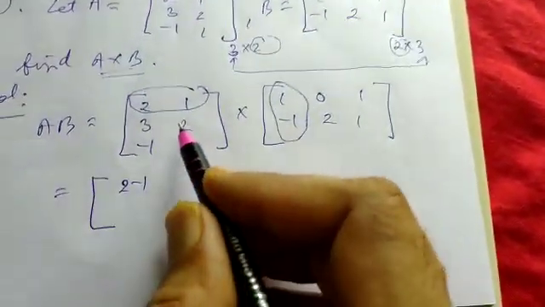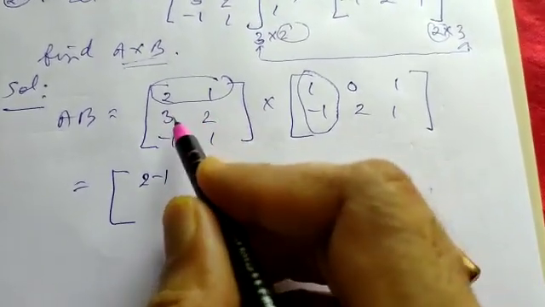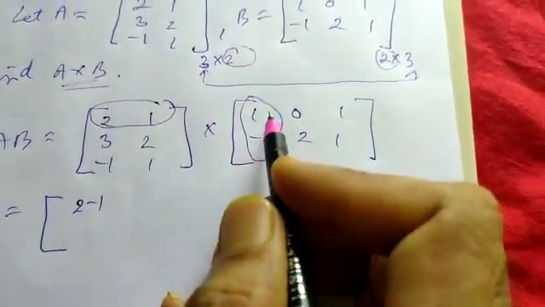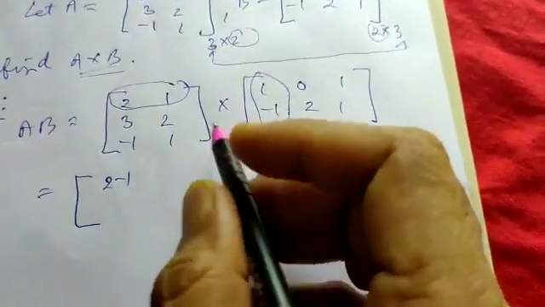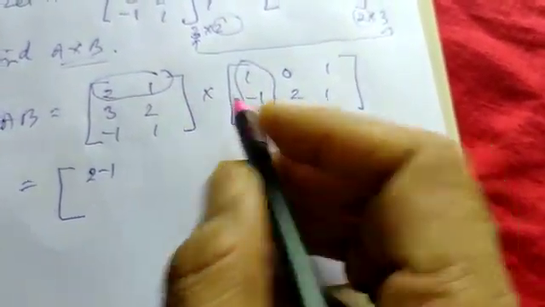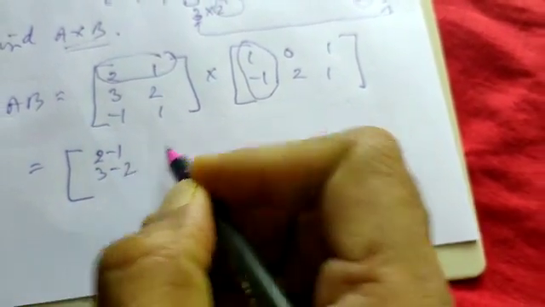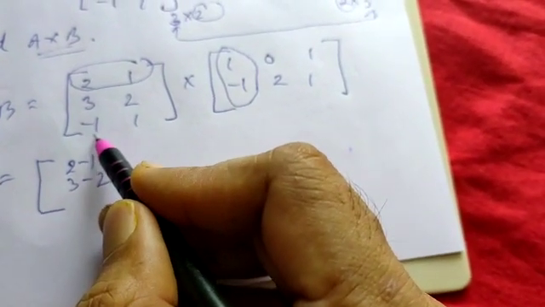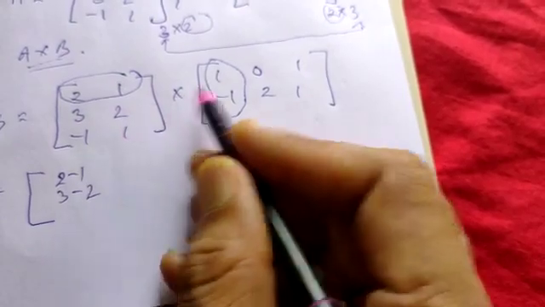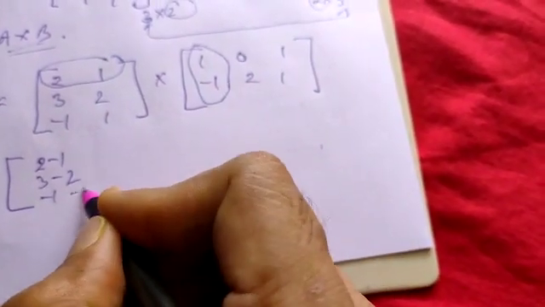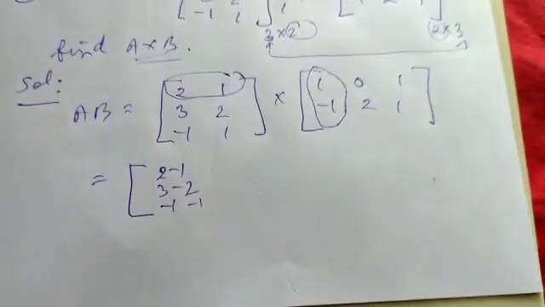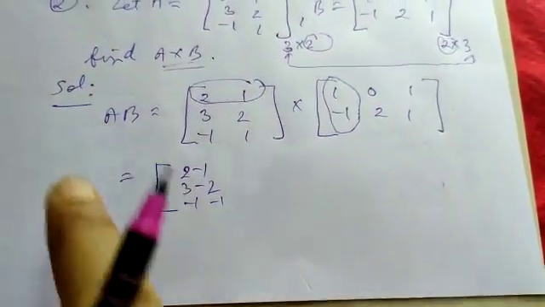Similarly we'll do the same for the second row and the elements of the first column of the second matrix. So 3 into 1, 3, 3 into minus 1, minus 3. Similarly the third one, we'll take third row and column 1. Minus 1 into 1, minus 1, and here again minus 1. So column 1 is complete for the matrix AB.